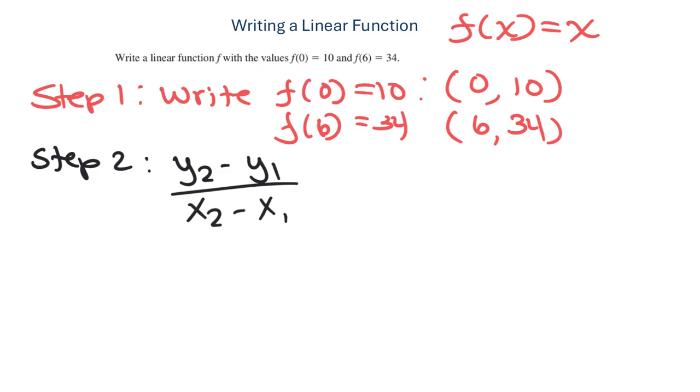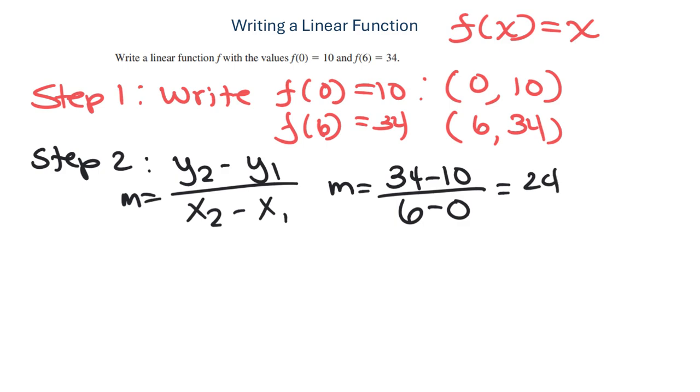Who represents y2 here? 34 minus 10 over, and what's 34 minus 10? Over? So we could have 24 over 6 or 4, right? As a slope.